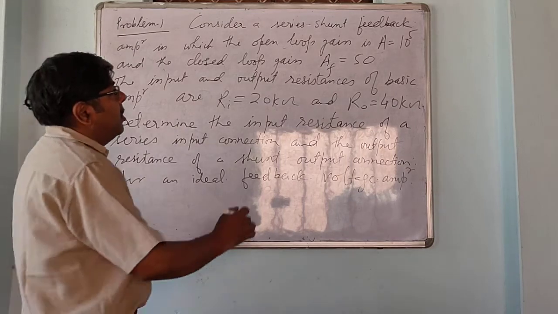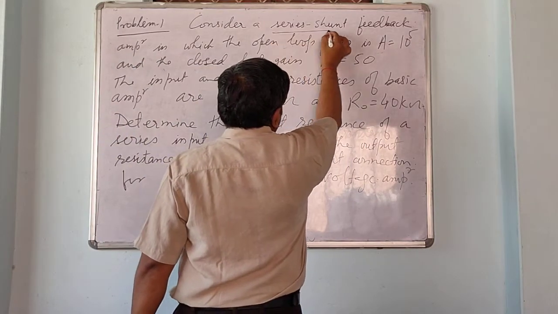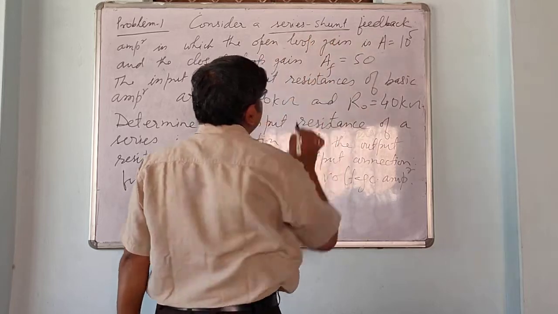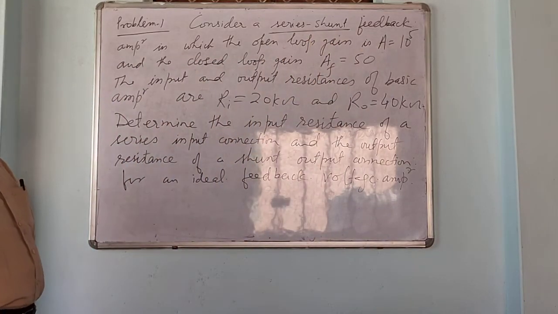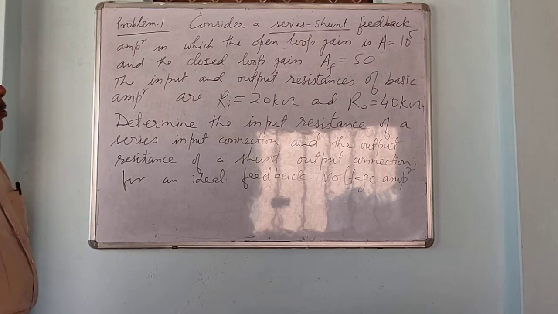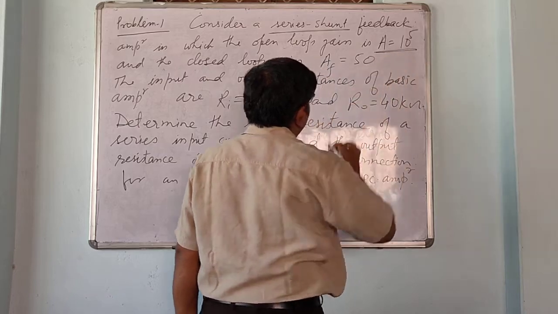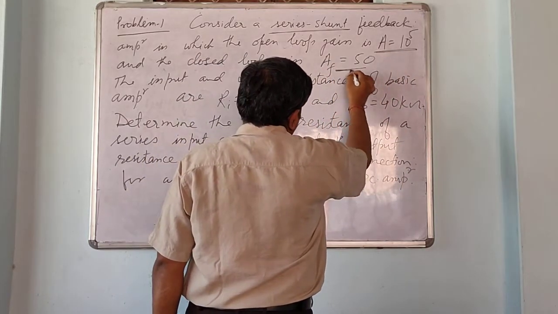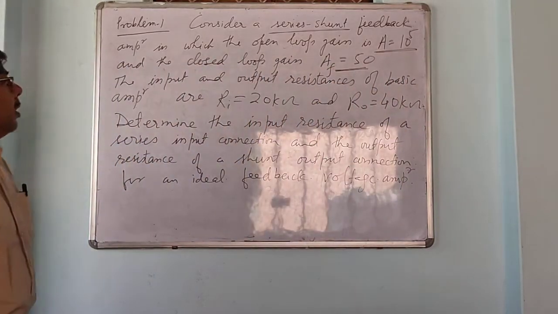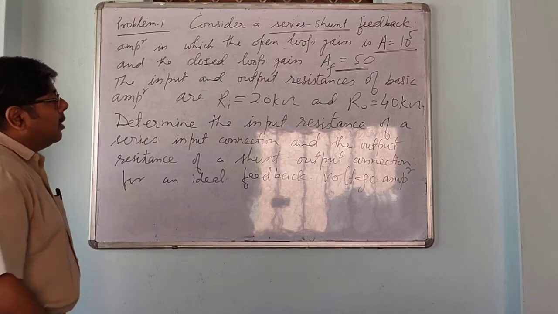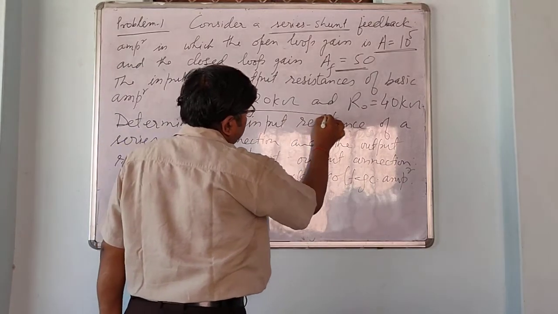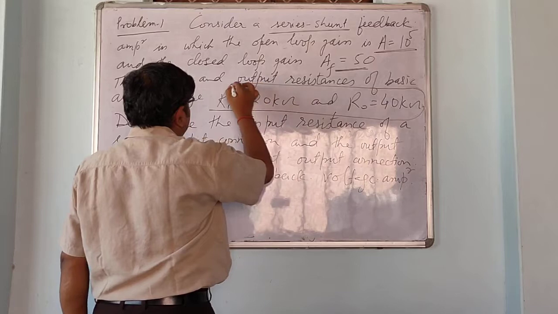Consider a series shunt. So this term is important. Series shunt feedback amplifier, in which open loop gain A is given, closed loop gain is given, input and output resistances without feedback are given.